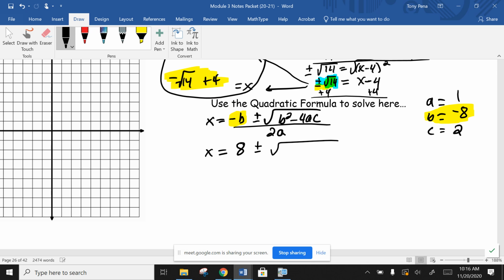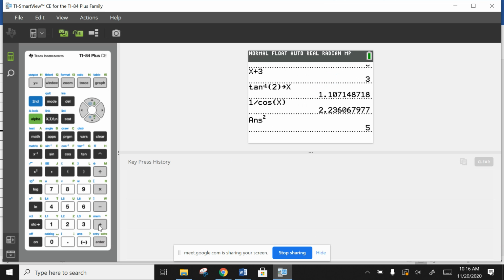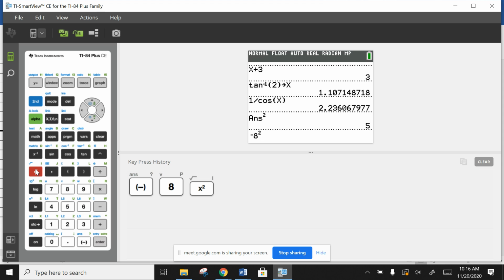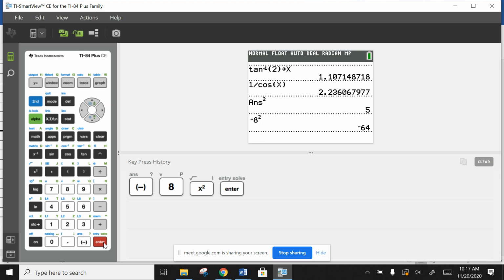Plus or minus. Here's one thing you want to be really, really careful about. Notice how I'm always putting that B into parentheses. I would strongly recommend you do that, because here's one of the issues some people are having. There is a difference between negative 8 squared and the quantity negative 8 squared. If you plug negative 8 squared into your calculator, that's going to give you a negative 64.